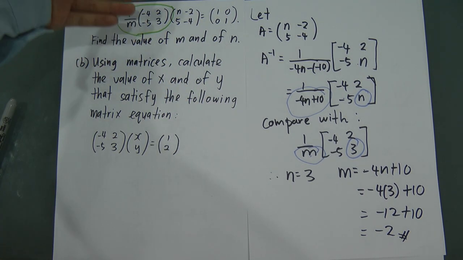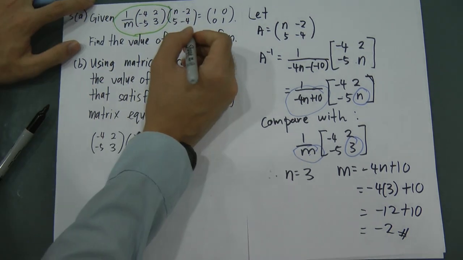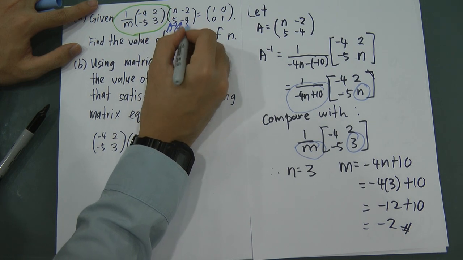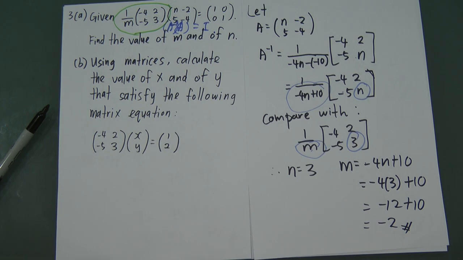So if this one is A, this one will be A inverse. Therefore, I always say A multiplied by A inverse, you will get I. Make sure you understand this. If you do not understand, just watch the first video about paper 2 in matrix. If you understand this, I'm going to move on to part B.